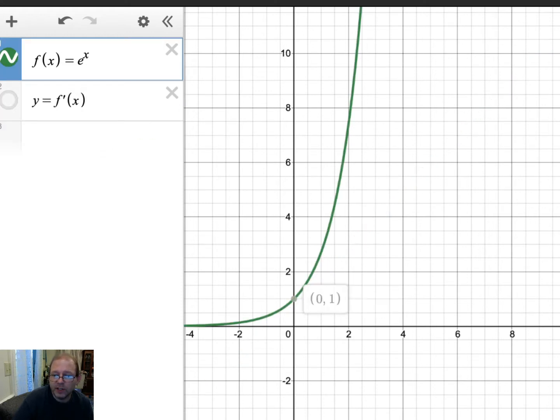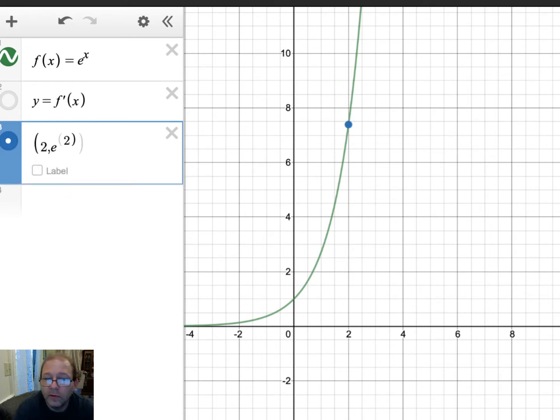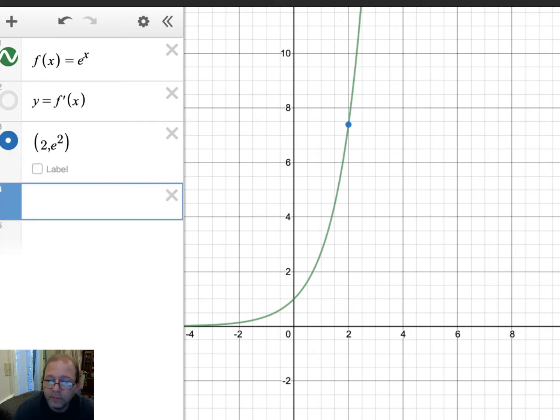If I wanted to put in a tangent line up here at, I'd say 2. Let's see, 2. Where is it? 2, 7 point something. Anyway, at 2 comma e squared, we've got that point, and its slope is also e squared.